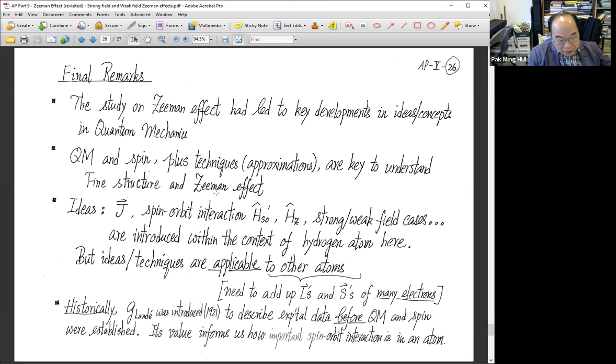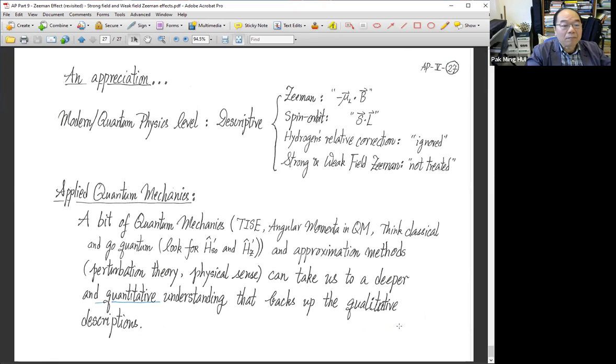The last one is a remark I already made. Historically, Landé actually did this whole thing before quantum mechanics was established and before the spin idea was invented. He was just trying to understand the spectrum. So what you did last term was that you only knew one line.